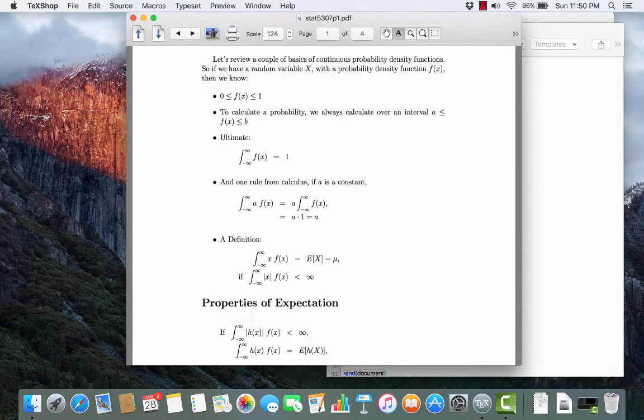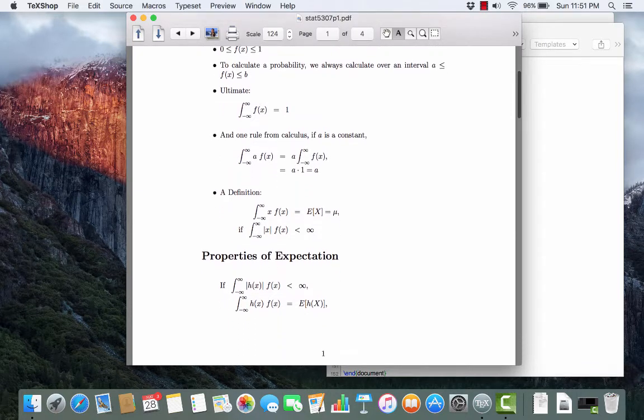All right. So anyhow, I know by definition that the integral of x times f of x is the expected value of x, or mu, as long as the integral of the absolute value of x times f of x is finite. And don't worry too much about that, that's just the definition. Obviously, if I'm leaving off the dx's, I'm not going to split hairs over the definitions too much.